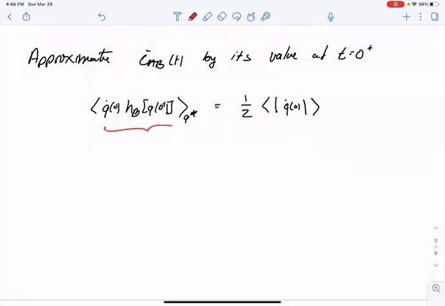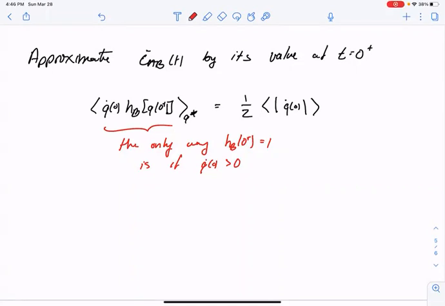So again, to say the only way h_B at 0 plus is 1 is if Q dot at 0 were greater than 0.